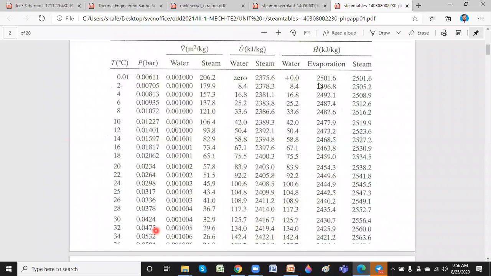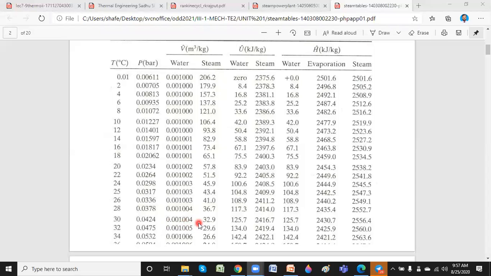Okay. Now in that case, you see here the first column gives you VF, that is nothing but the specific volume of water. At 30 degrees centigrade, if it's liquid, it will occupy only 0.001004.